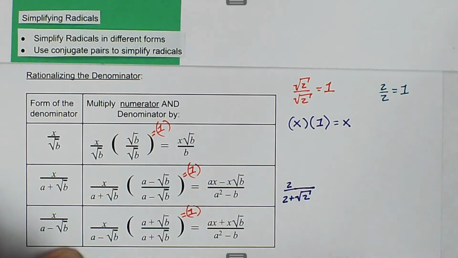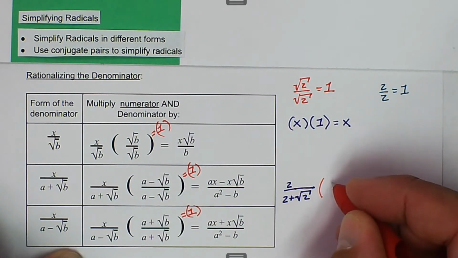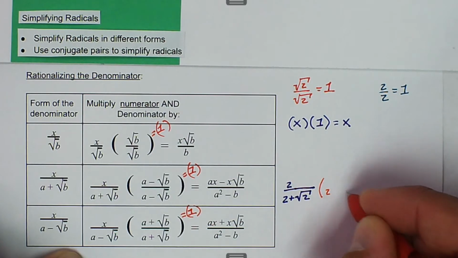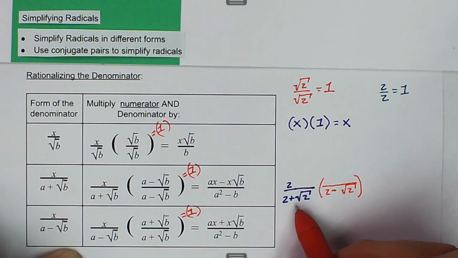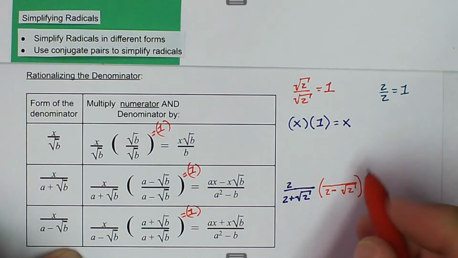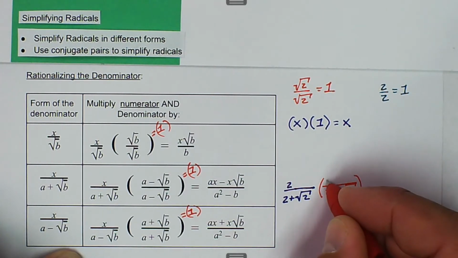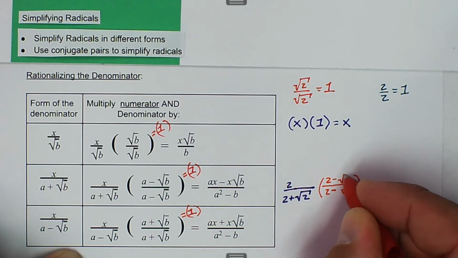So we keep the same two terms, which are going to be 2 and the square root of 2. And we're going to change the operation in the middle. Now, in order to make sure that we're not changing the value, we got to make sure that this remains 1. So whatever's in the denominator has to be the same that's in the numerator.